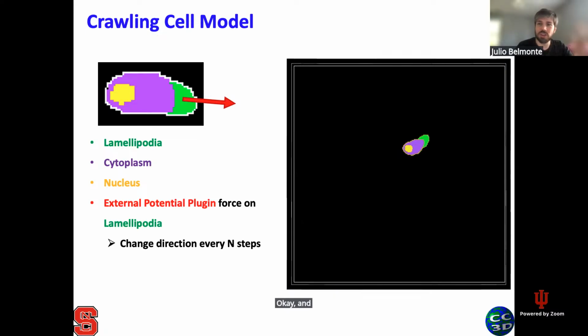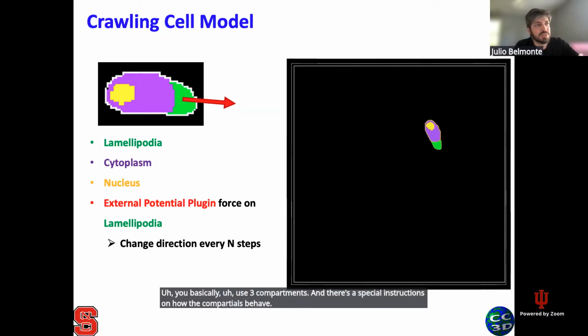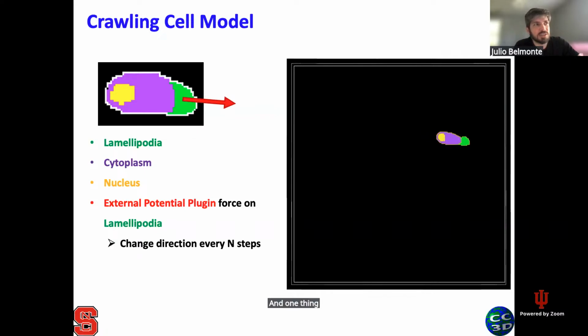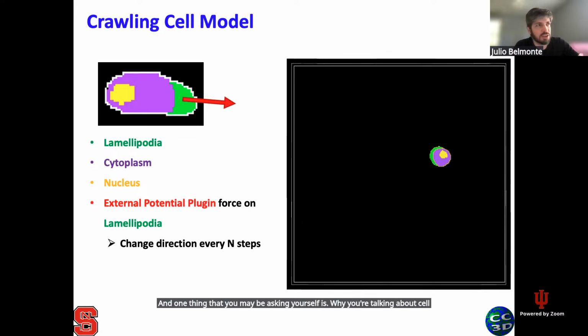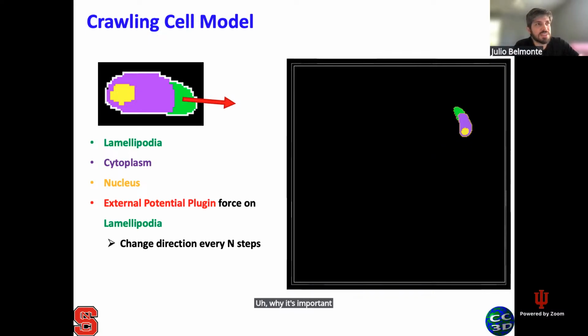And for this model, we use compartments. We basically use three compartments, and there are special instructions for how the compartments behave. One thing you may be asking yourself is why it's important to talk about cell compartments in this case.